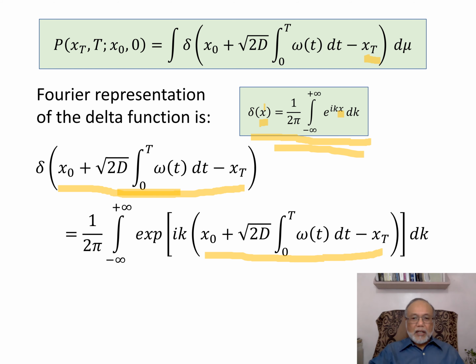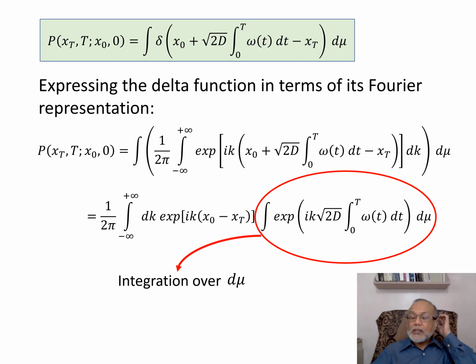And then all we have to do is to sum over non-zero contributions. We have to integrate over this delta function, integrate over the Gaussian white noise measure. So expressing the delta function in terms of its Fourier representation, to evaluate this one, we now have this full expression.